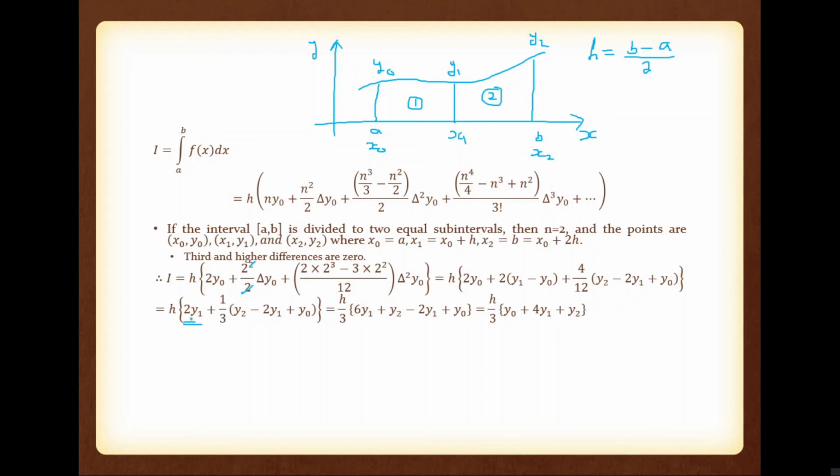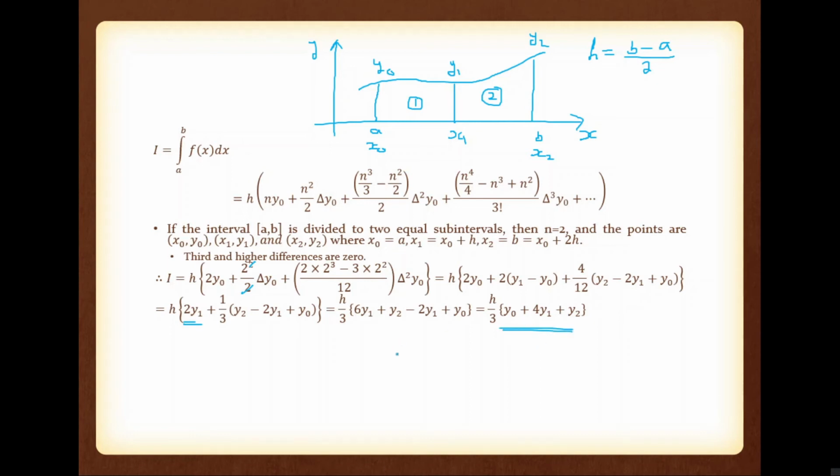If you are taking the LCM, this term will become 6y1. Now take 3 outside. So we have h by 3 into 6y1 plus the remaining term y2 minus 2y1 plus y0. So 6y1 minus 2y1, we have h by 3 into y0 plus 4y1 plus y2.